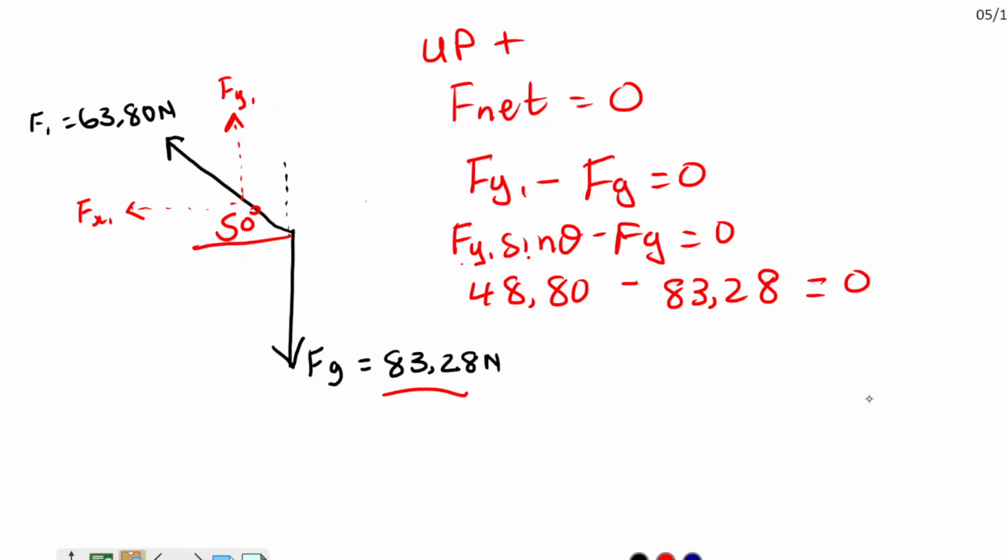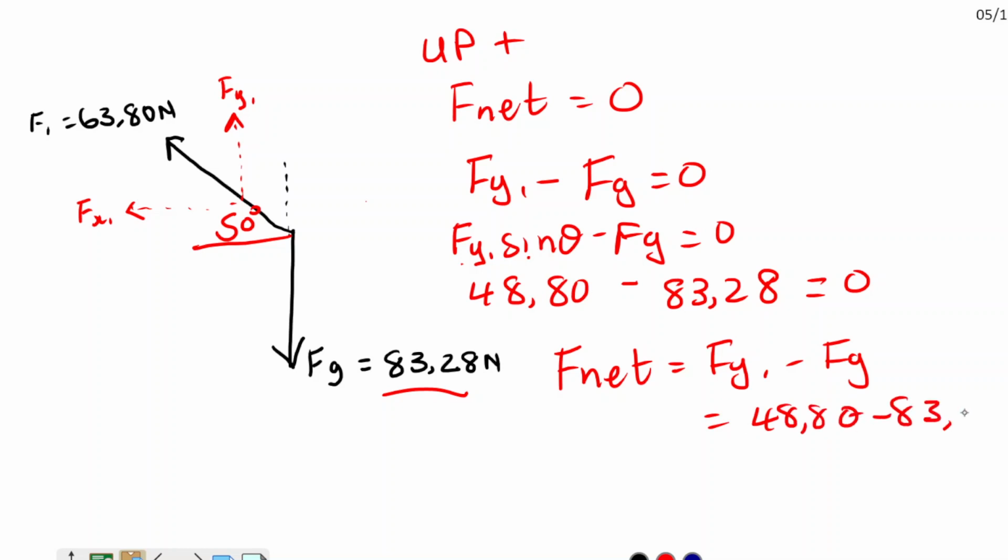So your F net now will be 48.80 minus 83.28. If you punch this in the calculator, you're going to have negative 34.41 newtons.